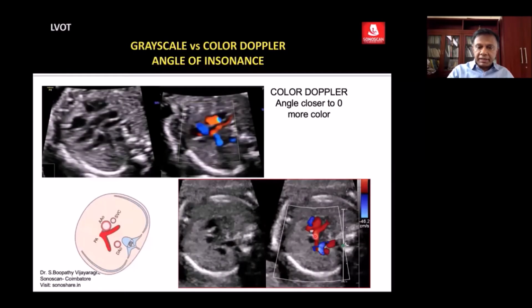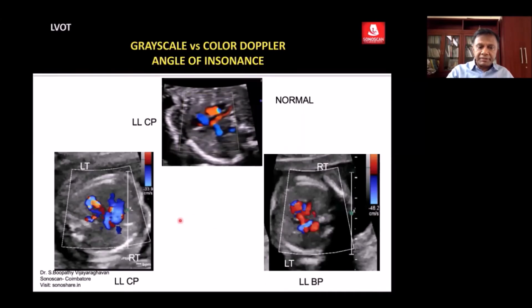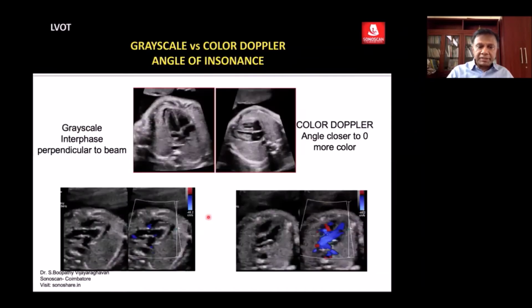In this fetus, in a similar section, you see the spine, but you see both pulmonary arteries in the same color. You see here? In the same fetus, this is left lateral, and this is right lateral approach. I hope it is clear.